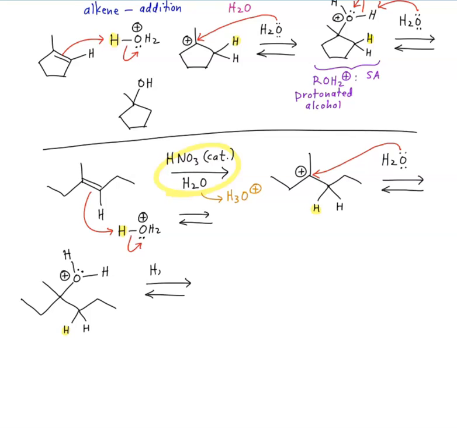And then another molecule of water acting as a Bronsted base removes a proton from this intermediate. That gets us this product. So notice how in all three examples, the mechanism was identical. Notice also the similarity between this mechanism and the mechanism for the addition of HX across a double bond.